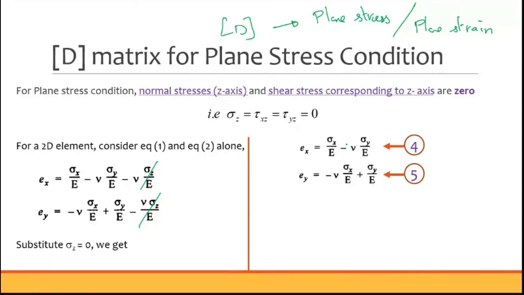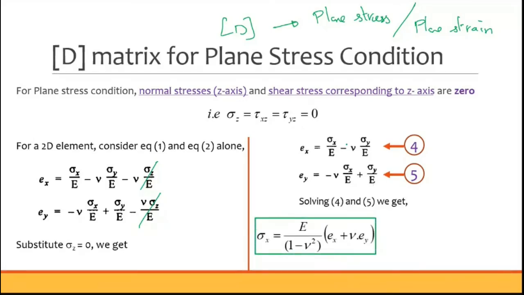Let me consider these 2 equations, equation 4 and equation 5, to identify the values of sigma X and sigma Y. When I solve them, I get sigma X equal to E by 1 minus mu square, where mu is Poisson's ratio, times Ex plus mu Ey.